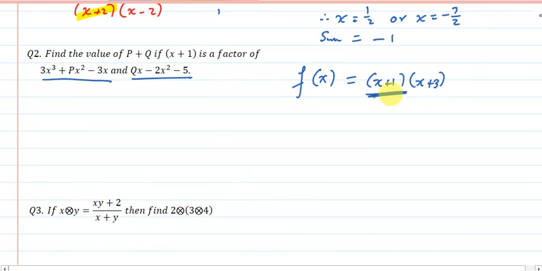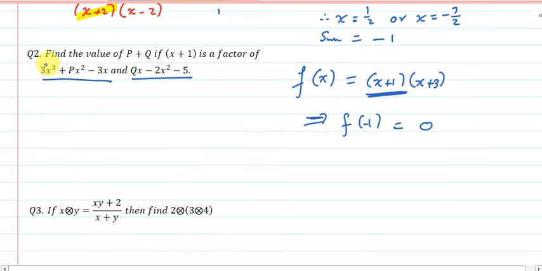If x plus 1 is a factor, this implies that f of minus 1 will give you a 0. So if I substitute minus 1 inside here, I'm just getting an answer of 0. So let me substitute minus 1 inside here.